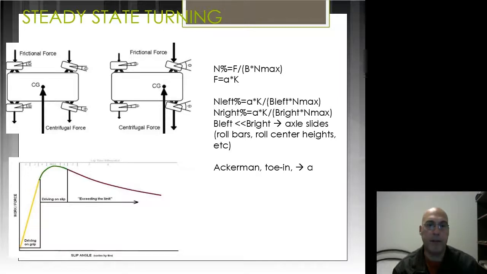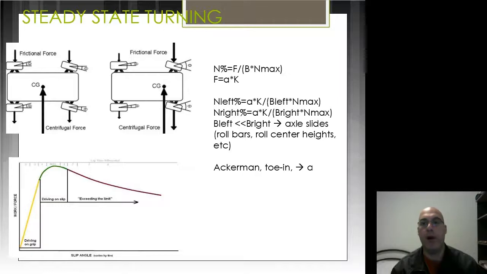However, what I'm showing on the right hand side, when I'm saying N left percentage and right percentage, is how the cornering force is distributed between the left and the right tire. For that, it is important to note the stiffness of each axle.